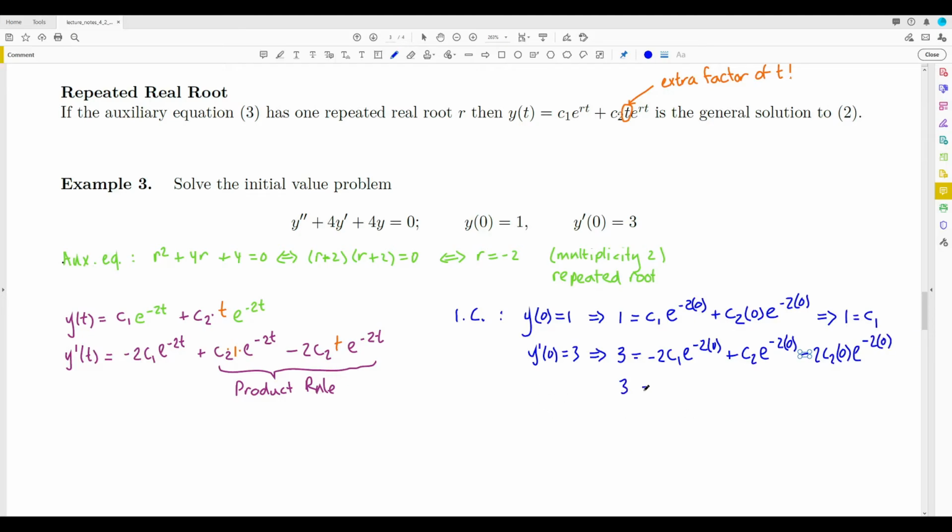And it gives us 3 equals negative 2 c1 plus c2, and then this is 0.